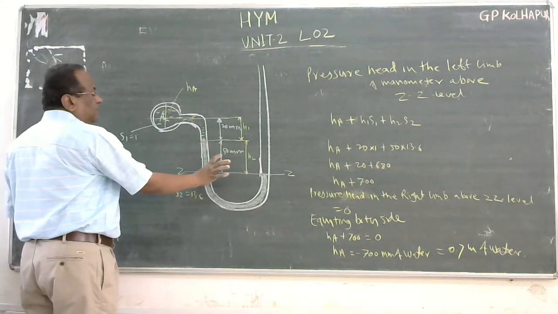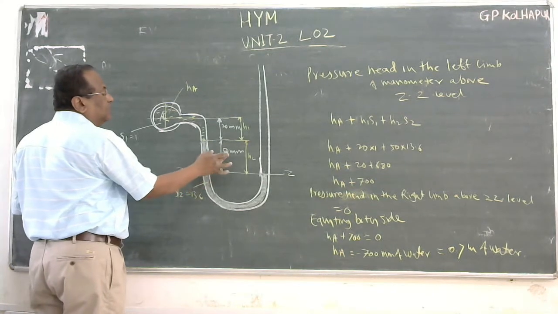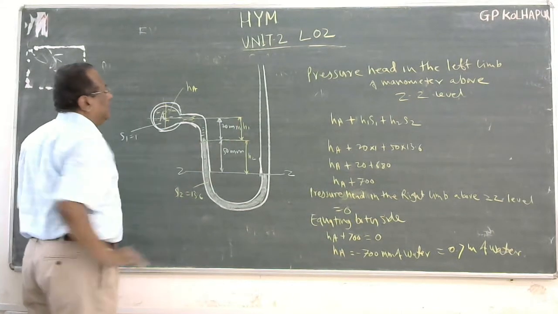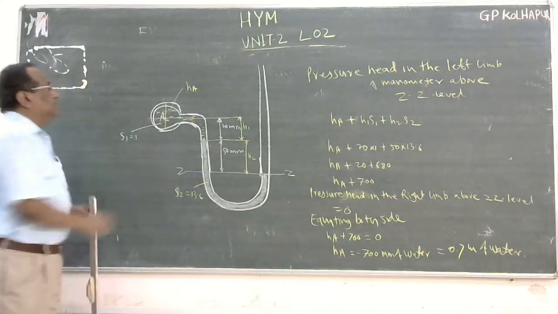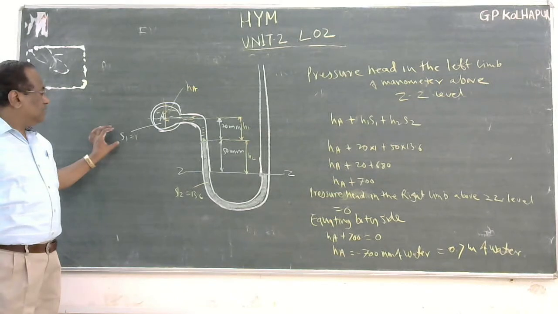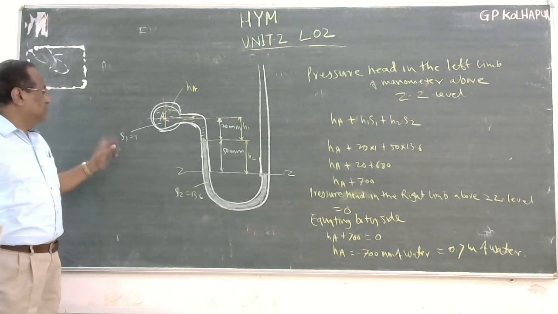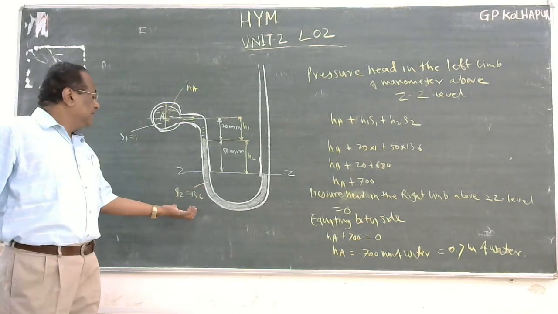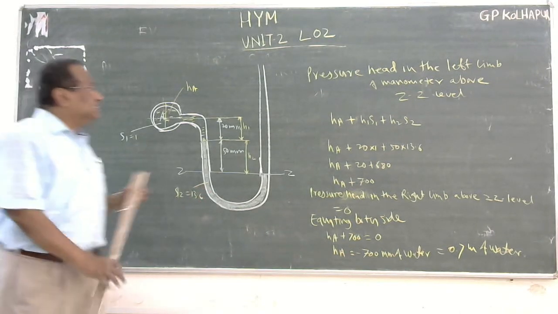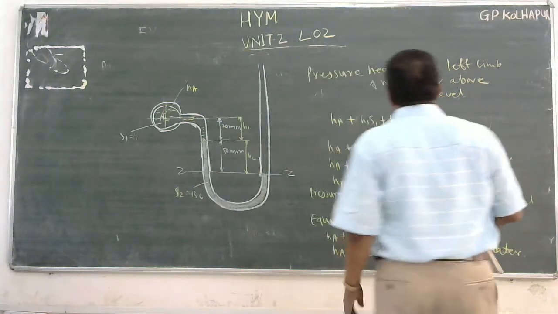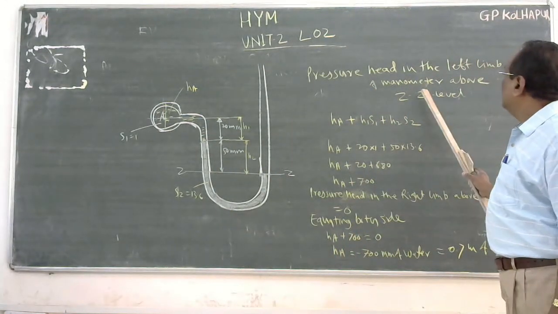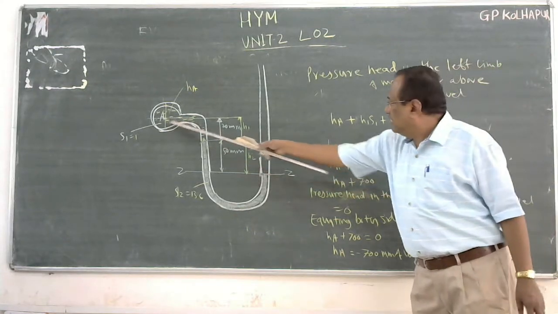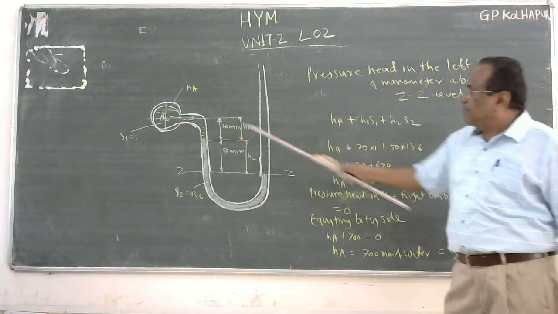The level of mercury in the left limb above ZZ level is 50 mm and the water level is 20 mm. The liquid in the pipe is water, which has specific gravity equal to 1, and the mercury has specific gravity equal to 13.6. Let us write the equation for this. Pressure head in the left limb of the manometer above ZZ level: HA is the pressure head in the pipe.